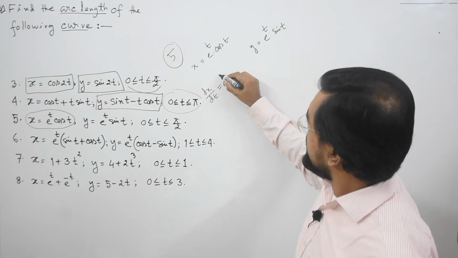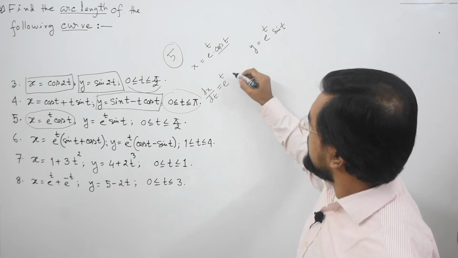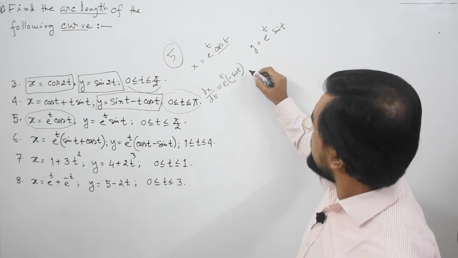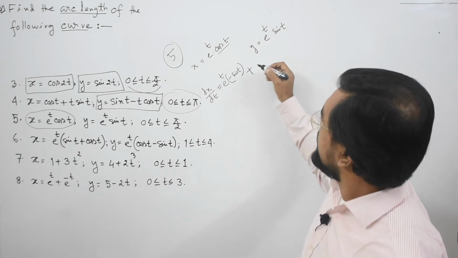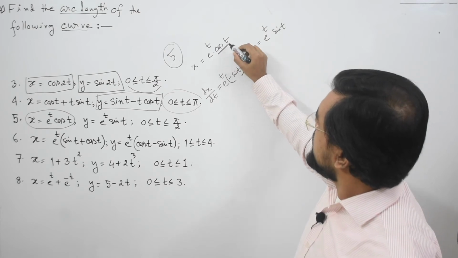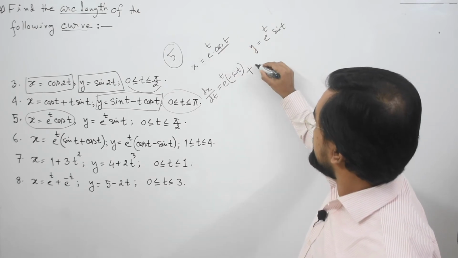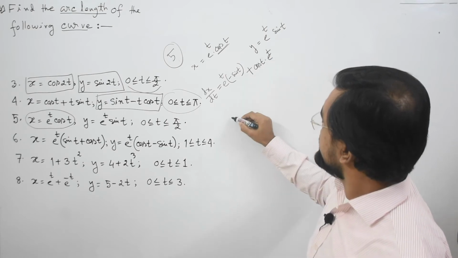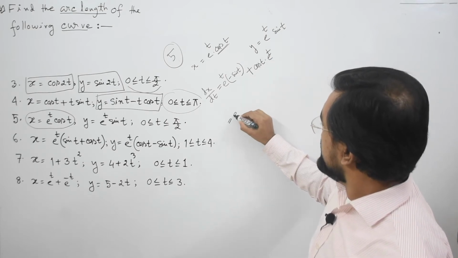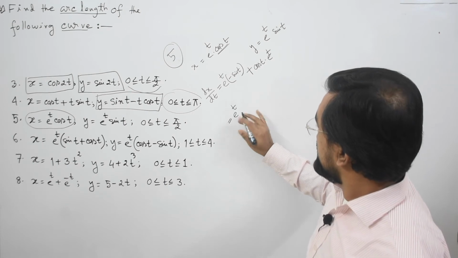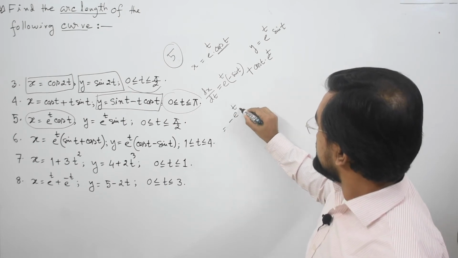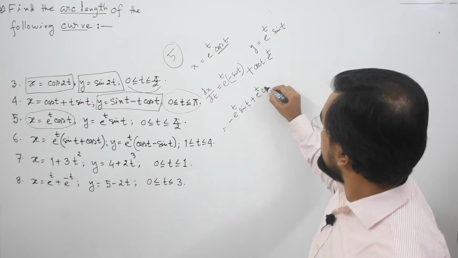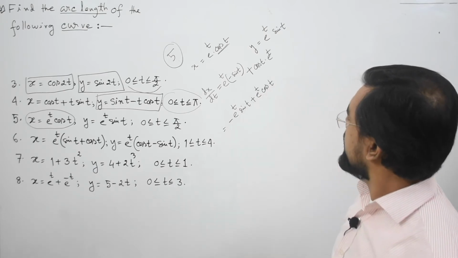So e to the power t times the derivative of cosine t, minus sine t, plus cosine t times the derivative of e to the power t, which is e to the power t. So this equals minus e to the power t sine t plus e to the power t cosine t.